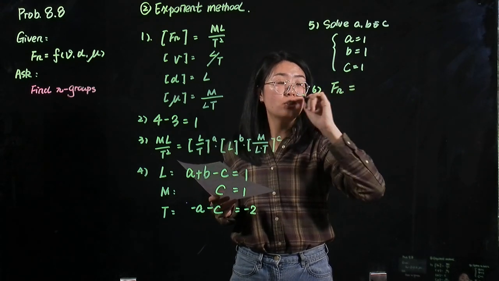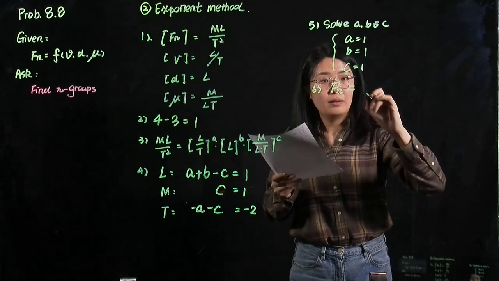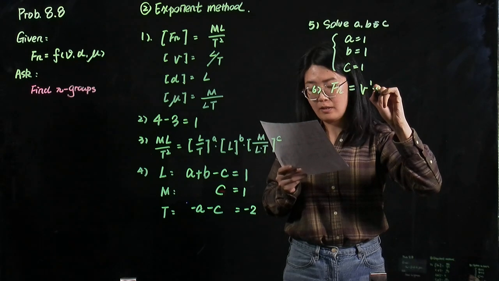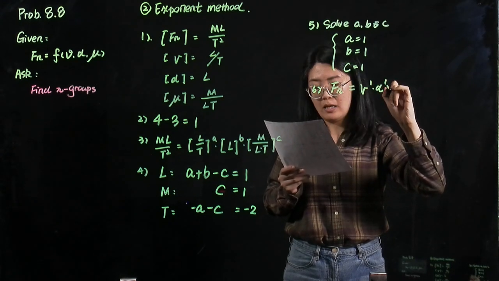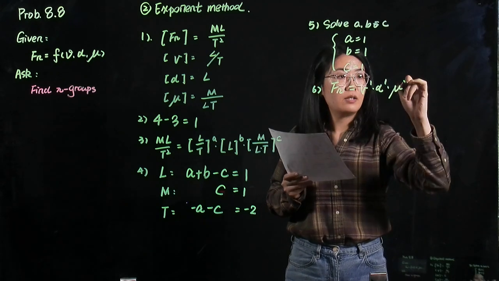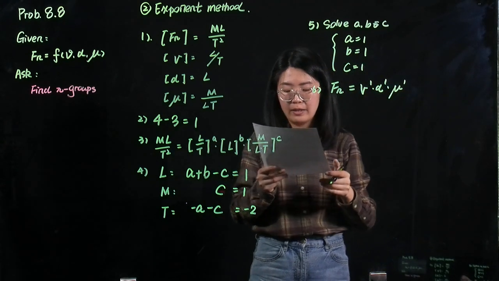Variable drag force should equal V times D times mu, which is viscosity. So its powers are all equal to 1. We just solve it here, right?